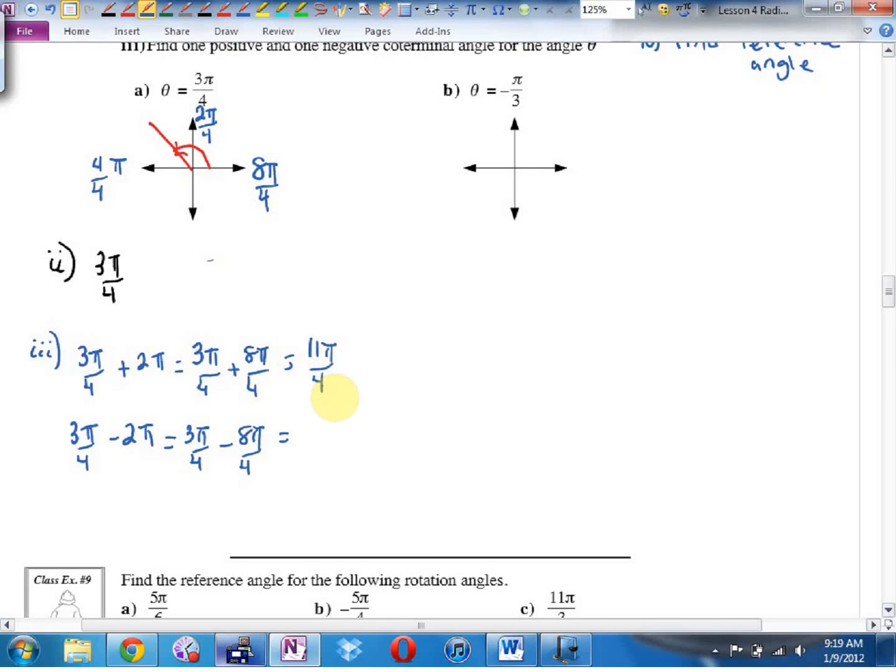And the last thing I asked for was the reference angle. The reference angle is that one right there. So we said reference angles were defined as... Joel, what's this measure right there?